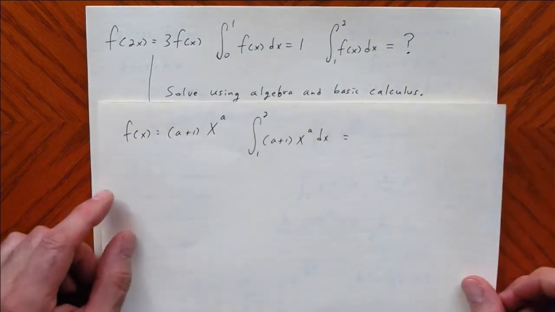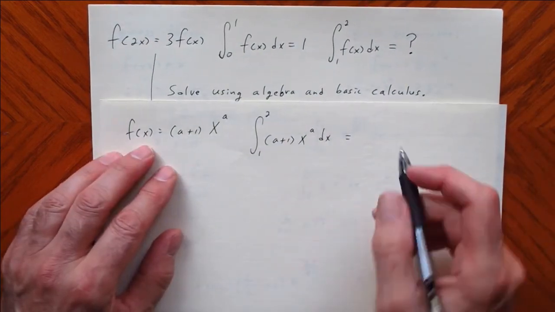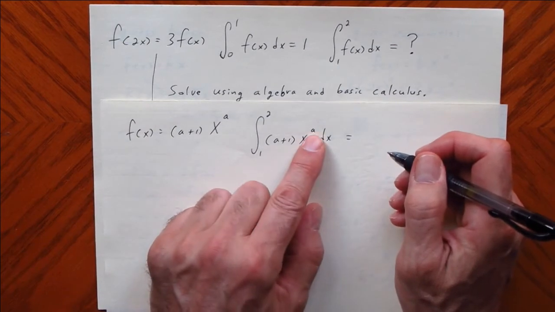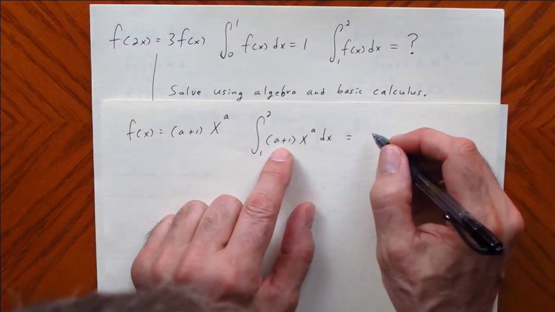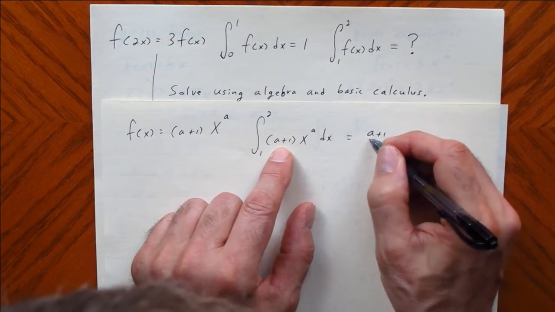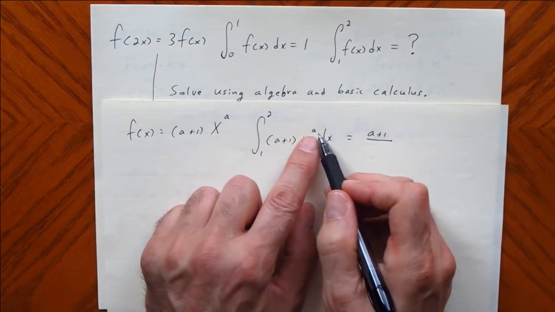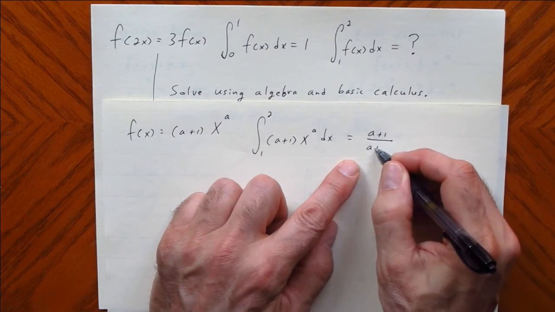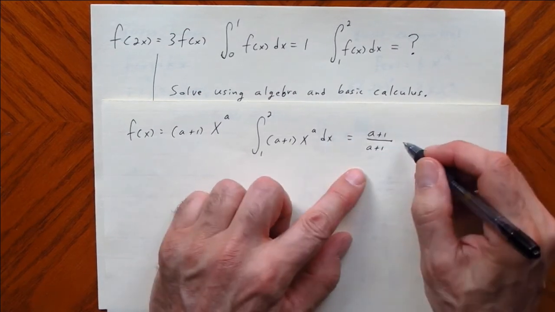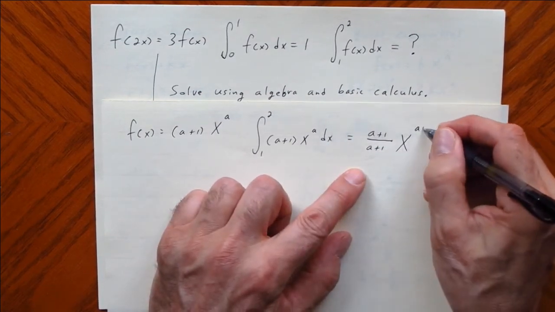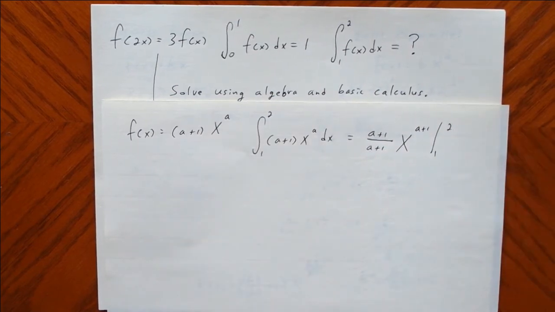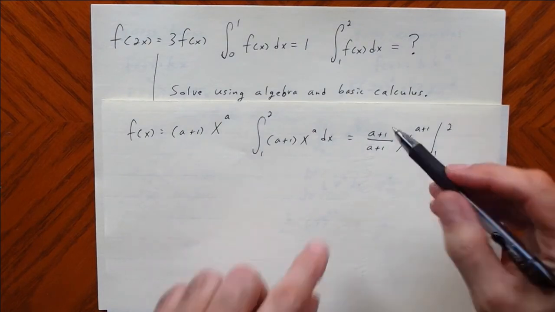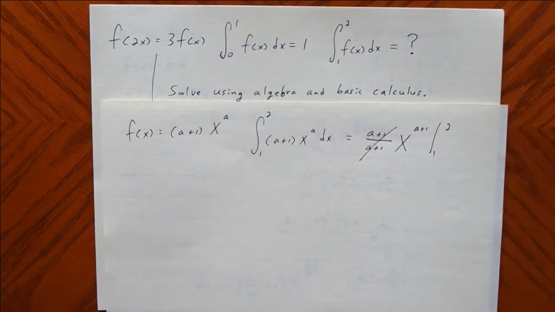Okay, now, what do we do? Well, the way you start is you add 1 to the exponent. That becomes a plus 1. So you have your constant here, a plus 1. Divide by your exponent plus 1, a plus 1, and we're going to measure this from 1 to 2. All right, well, one thing's easy, a plus 1 over a plus 1, you can forget about that.